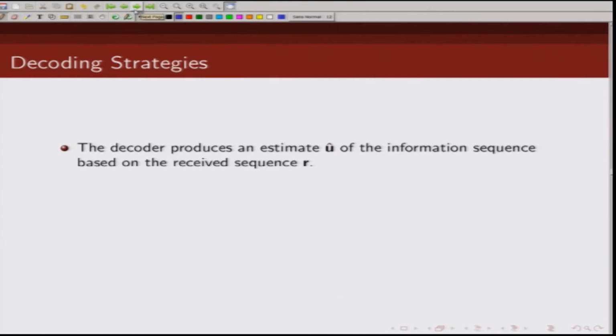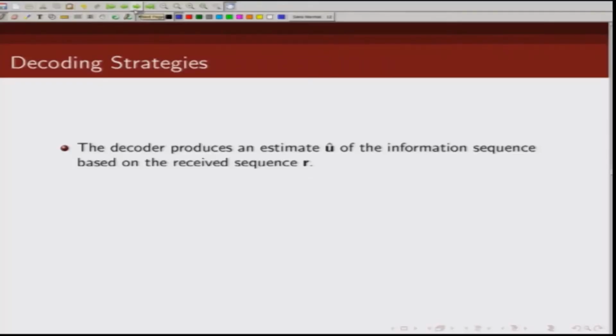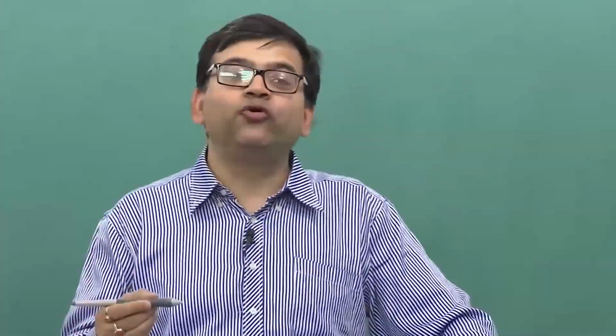Now, let us move to the topic of what sort of decoding strategy we should employ when we want to decode a code. As I said, the decoder's objective is to take as input the demodulated signal R, and produce an estimate of the information sequence U hat.